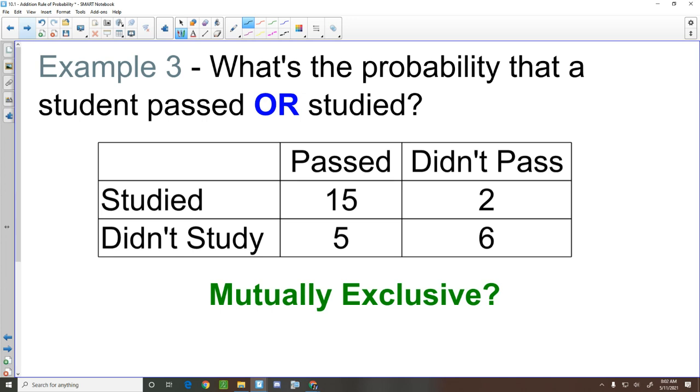And be careful how you calculate the total number of students. You got the right total? Nice. Yeah, you got it. Yep. Good. Check your total again.